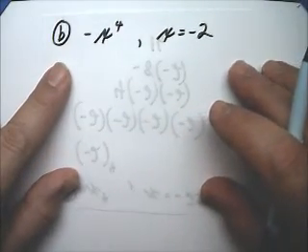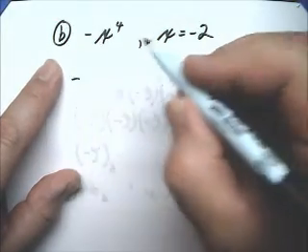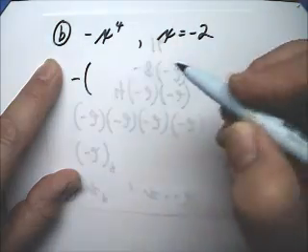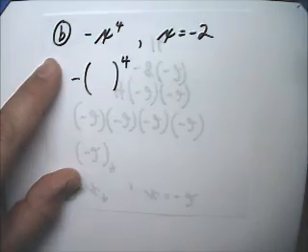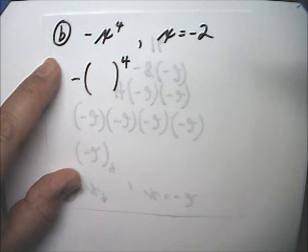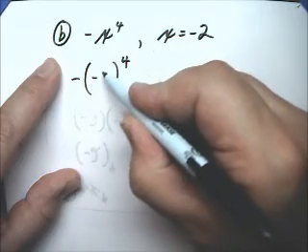This one is negative x to the 4th. Now you have to follow the steps, or else it's very difficult to see what's going on here. I've just written empty parentheses for the variable and copied everything else down, and now I put in my -2.